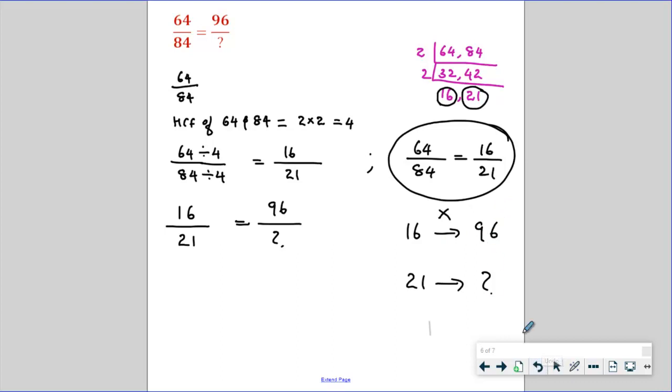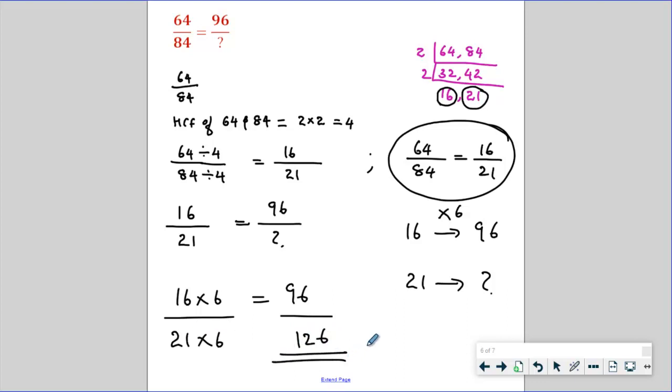So 16 into 6 gives our answer 96. In the denominator you have to multiply by the same number. 21 into 6: 6 ones are 6, 6 twos are 12, so 126. So our answer is 126.